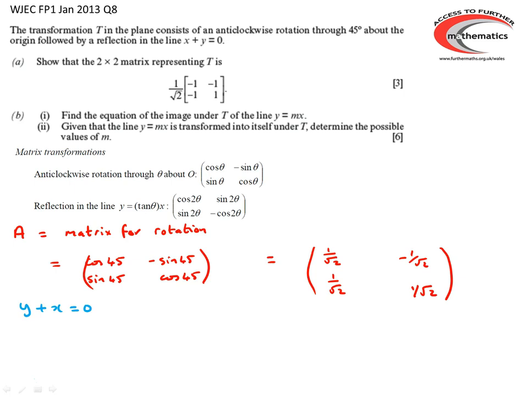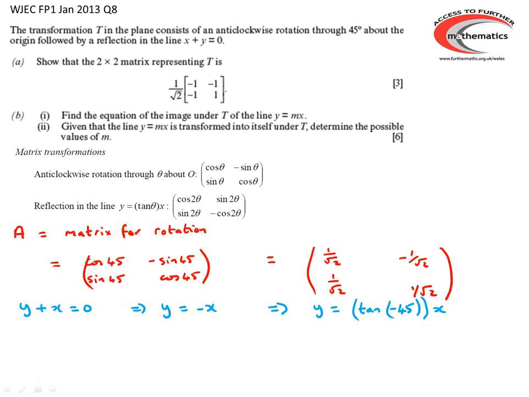Moving on to think about the reflection, the line y plus x equals 0 is the same thing as y equals minus x, which is the same thing as y equals the tan of minus 45 times x.